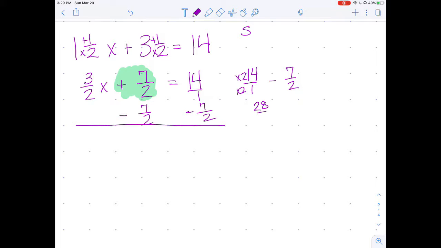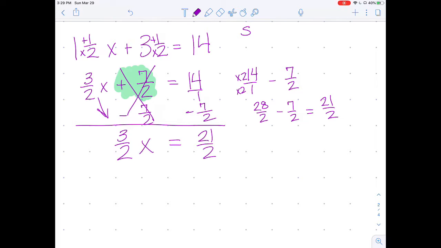So I've got 28 over 2 minus 7 over 2, which leaves us with 21 over 2. So that's what goes here. Positive 7/2 minus 7/2 cancels out. And then this drops straight down. So 3/2 times x.